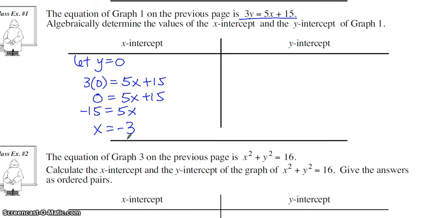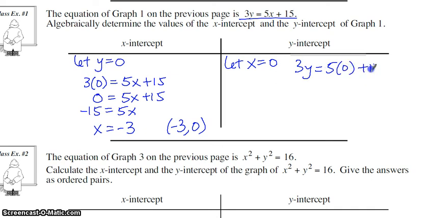To write that as a coordinate pair, how does it look on the graph? It is (x, y). x is negative 3, so you write (-3, 0). Now, to find the y-intercept, you let what? Let x be 0. 3y equals 5 times 0 plus 15. 5 times 0 just disappears, and then divide by 3.